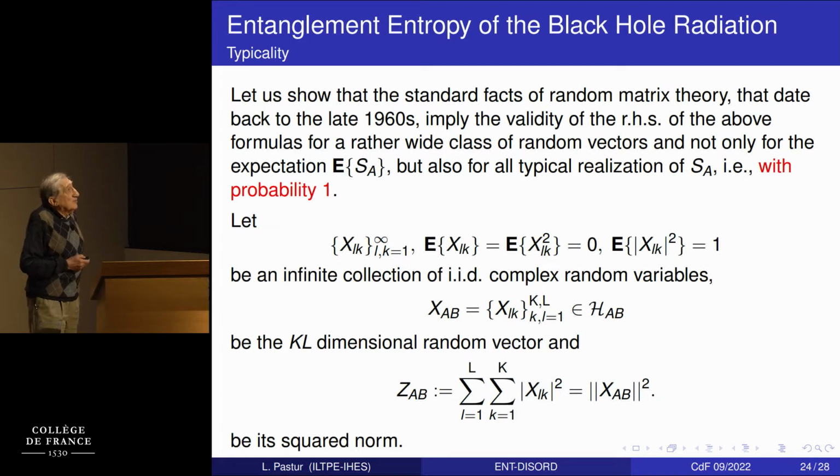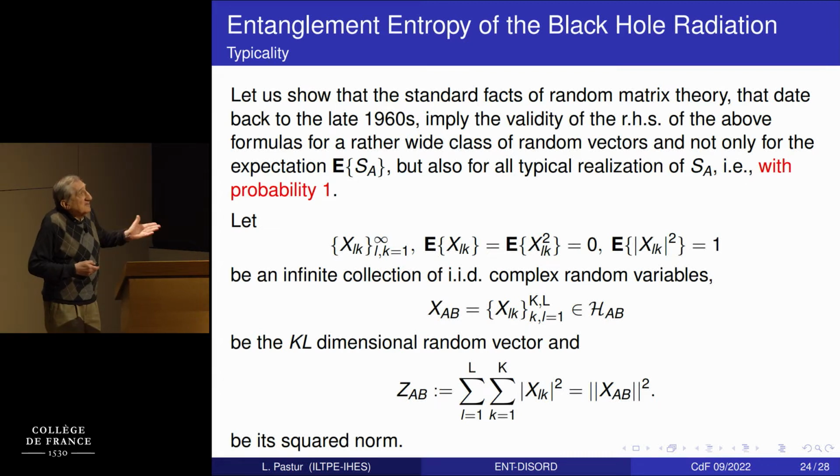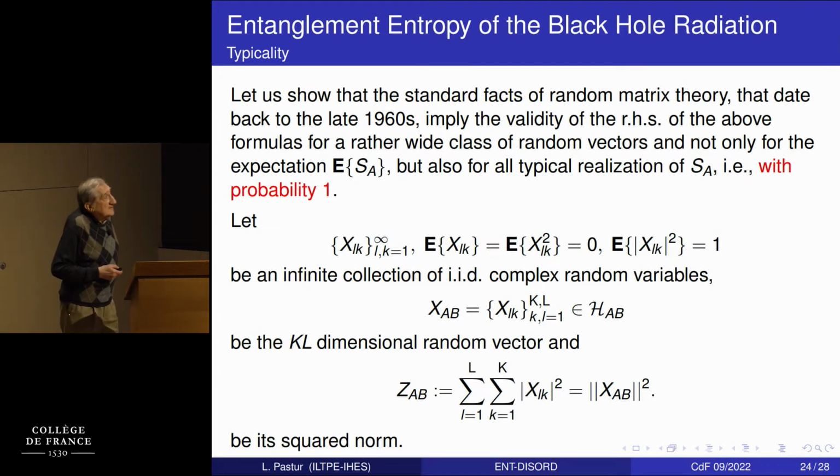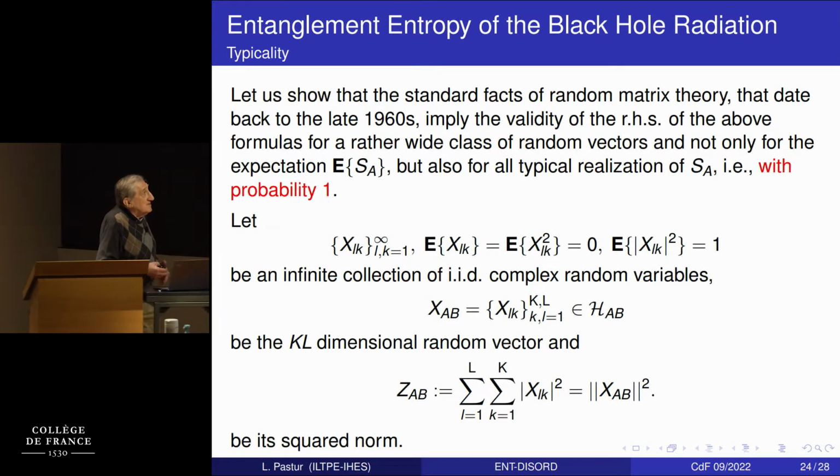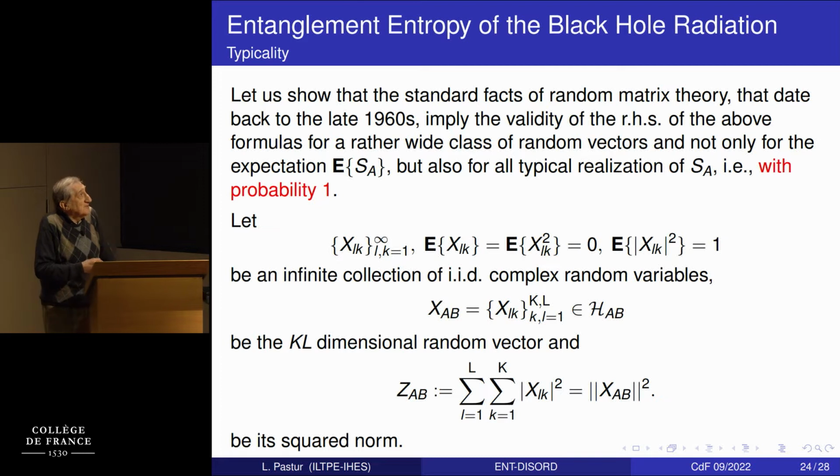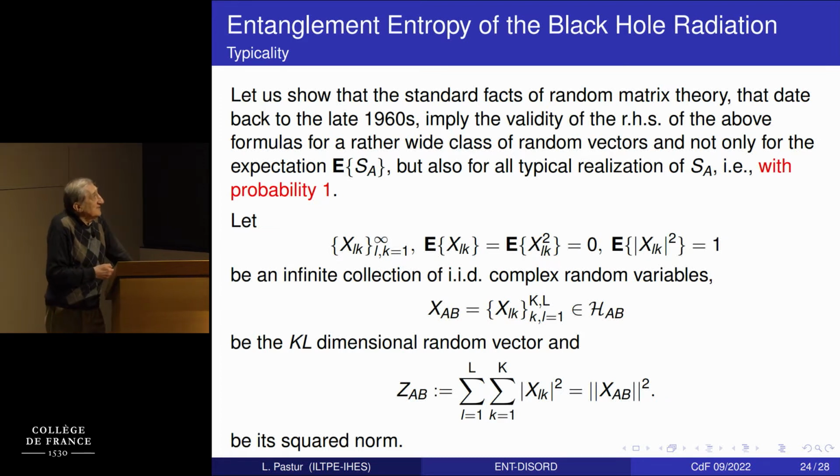Then let's take the upper left corner of that double infinite matrix. You have this collection, and apparently this is a vector of our space, because any vector indexed by two indices belongs to this space.